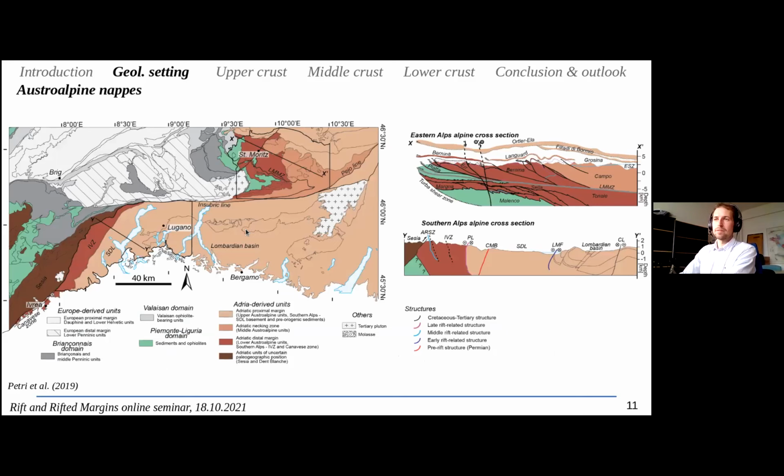Basically, there are two major domains where we are able to reconstruct the continental crust. The first one is the Southern Alps, where we have low alpine deformation, and we can see a quite pristine section of the continental crust.